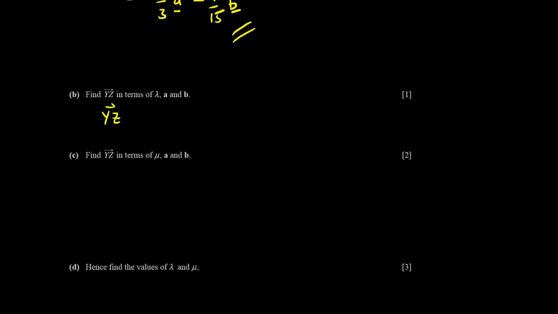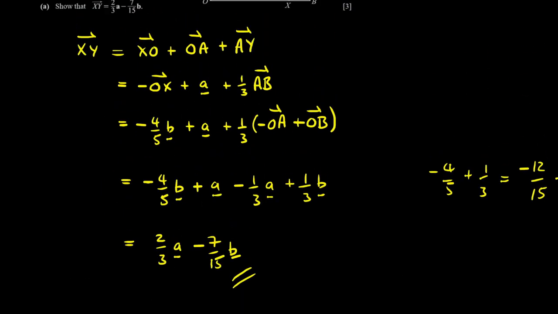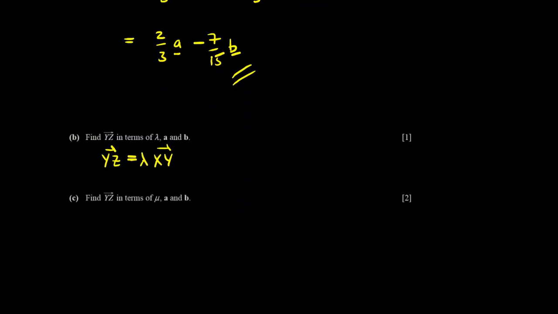And we've already calculated XY, because that's what we did in part A. So we can write this as equal to 2/3 lambda A minus 7/15 lambda B. In other words, I just take our XY and multiply it through by lambda.